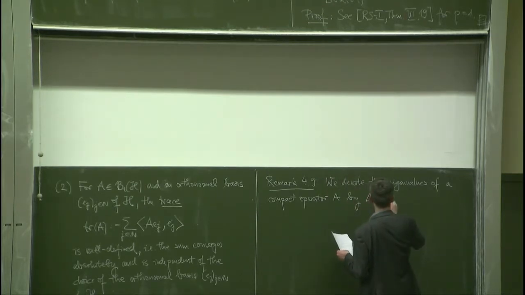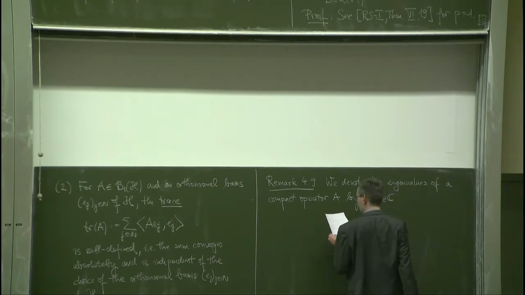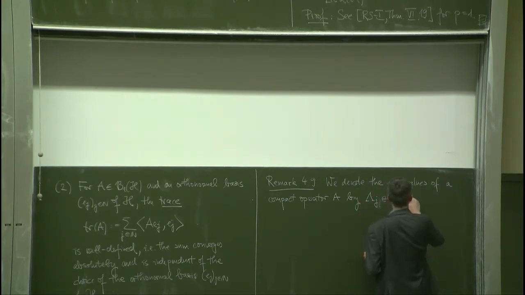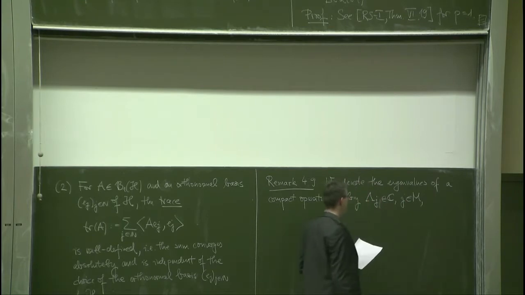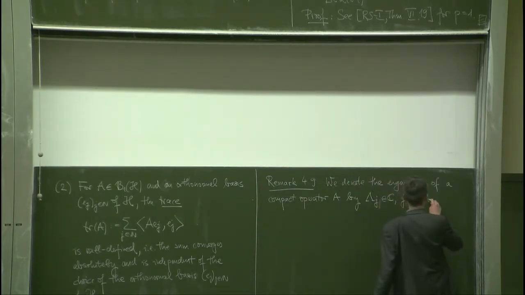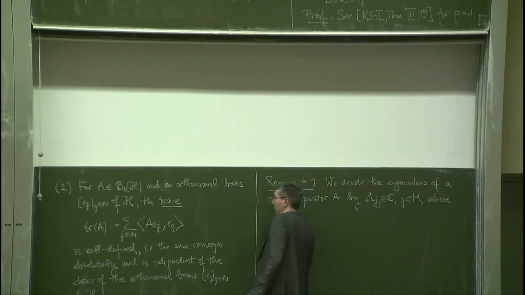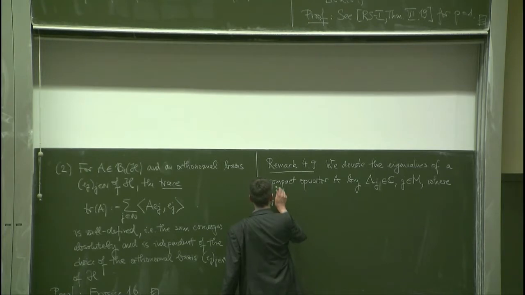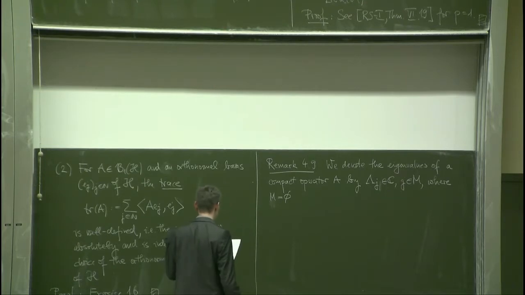Of course, these are complex values, and j is in some index set M, and we have three possibilities. The set M can be empty, which is the case when we do not have eigenvalues.